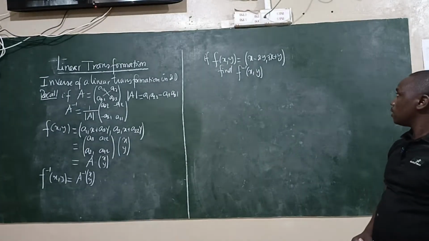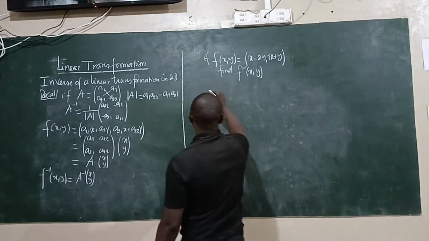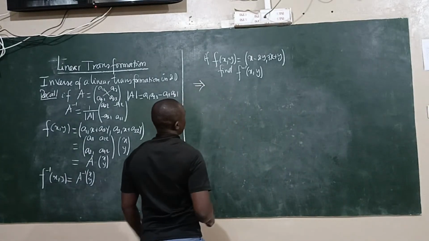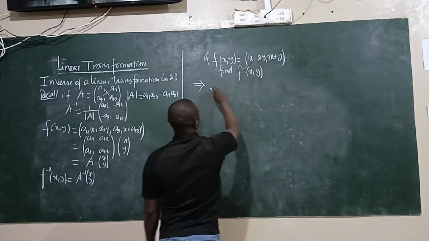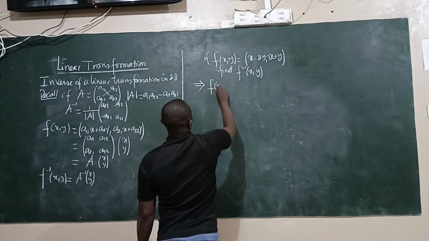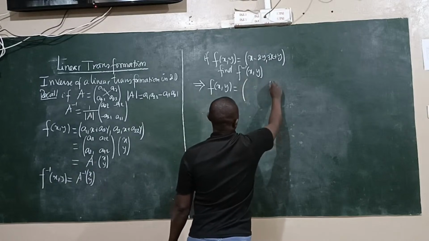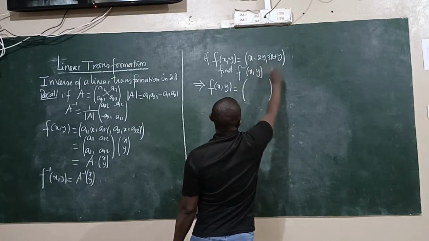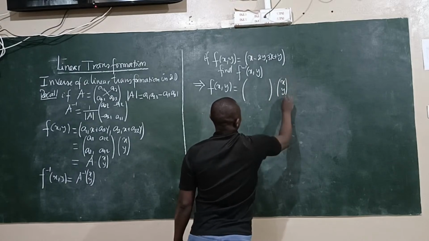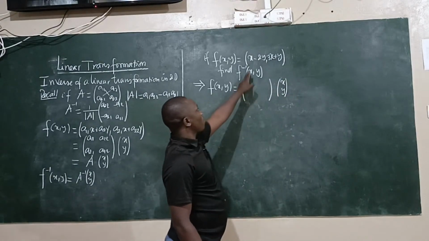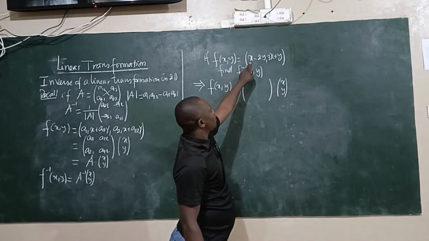Okay? Now, as I told you, I can write this transformation in matrix form, where f of xy will be, because here you have xy, we need to put here xy, and we are going only to put the coefficients of x and y.